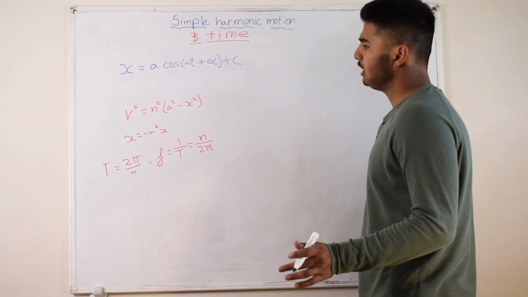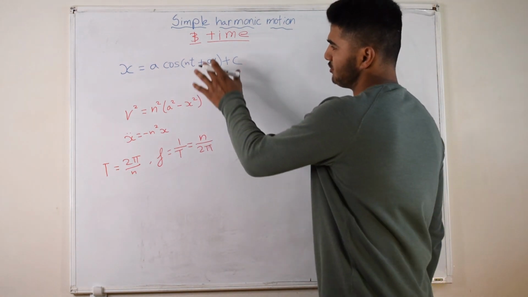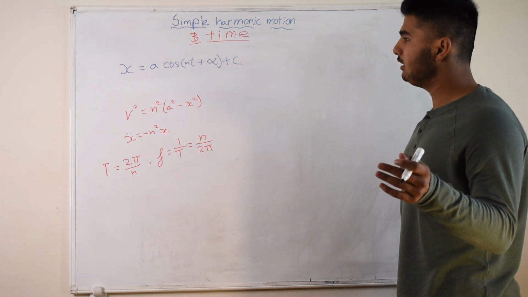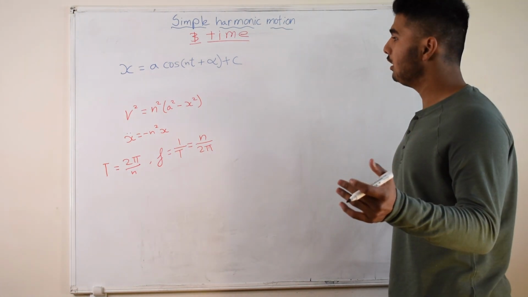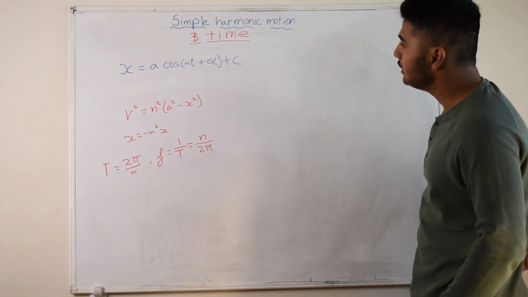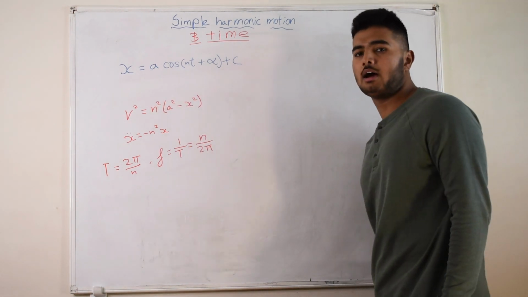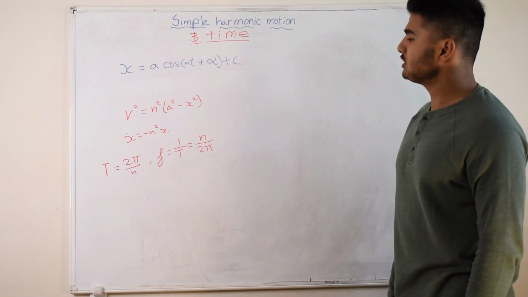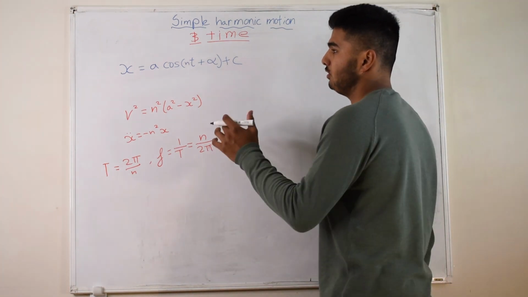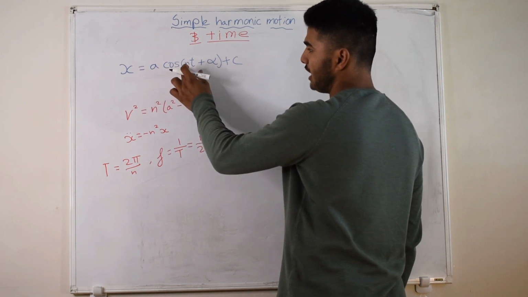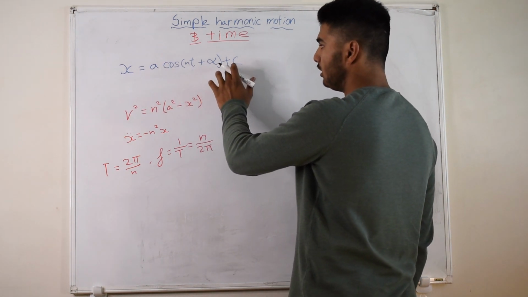Before we look into any of the examples, let's just try and understand the theory. I'm sure you can get it in the textbooks, but we'll try and go through it today over here. So, a very general equation we've been given for simple harmonic motion is x equals a cos(n(t + alpha)) + c.